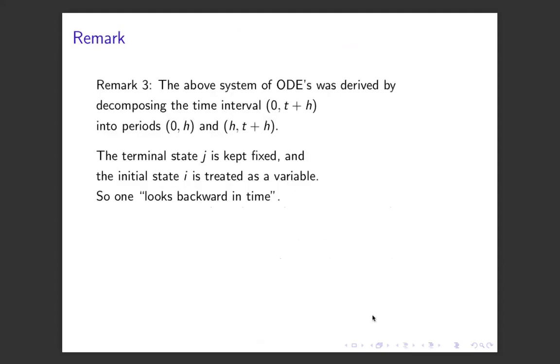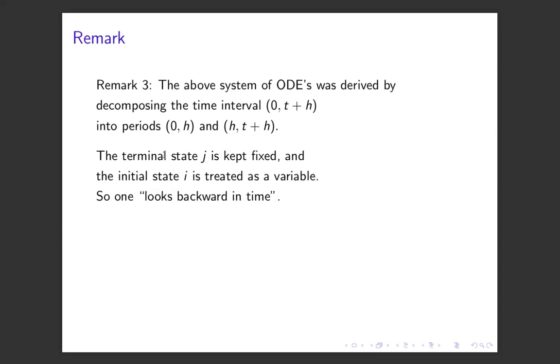So when we derive these things, first of all, notice that we had decomposed the time interval 0 to t plus h as 0 to h and h to t plus h. And j is supposed to be the state at t plus h, the state at which the process has reached at the last time point in this interval. So that is kept fixed.